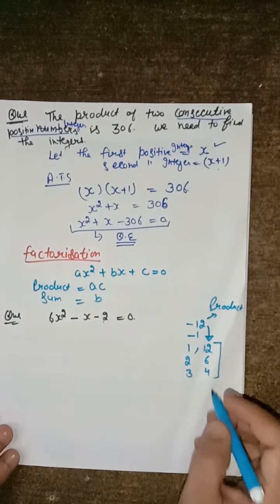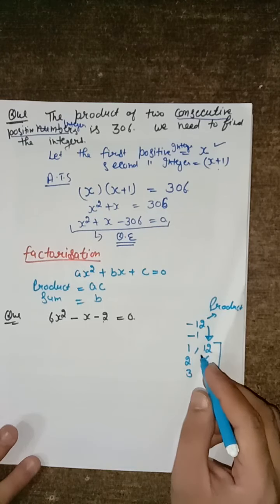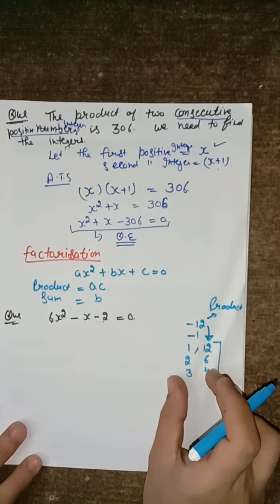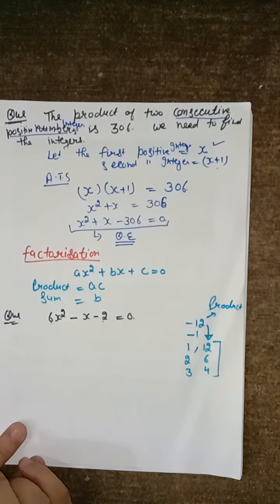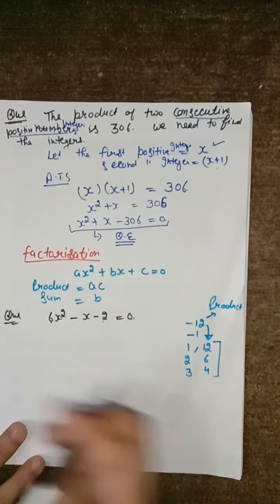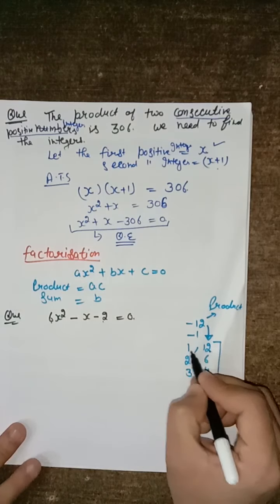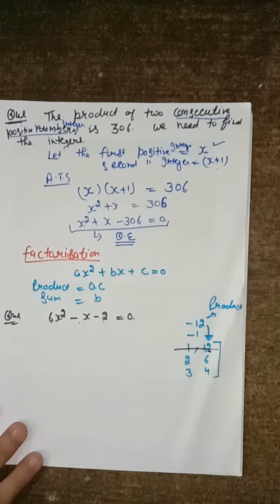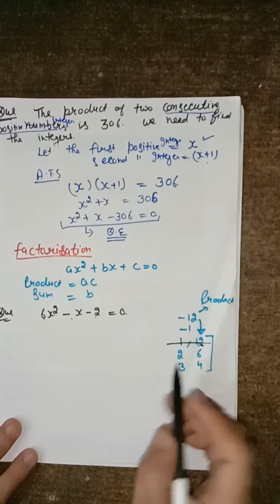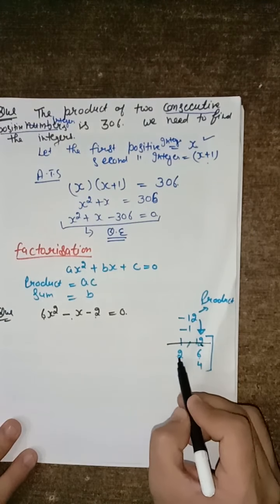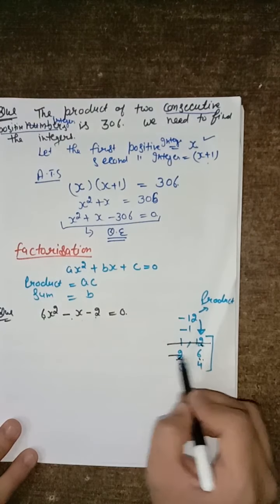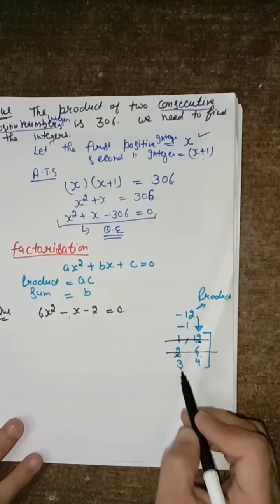Now we will find that pair whose addition or subtraction should be equal to minus 1. Here my addition will be 13 and subtraction will be 11. Not required, so this is not my perfect pair. And here the sum will be 8 and difference will be 4, which is not required, so check third one.